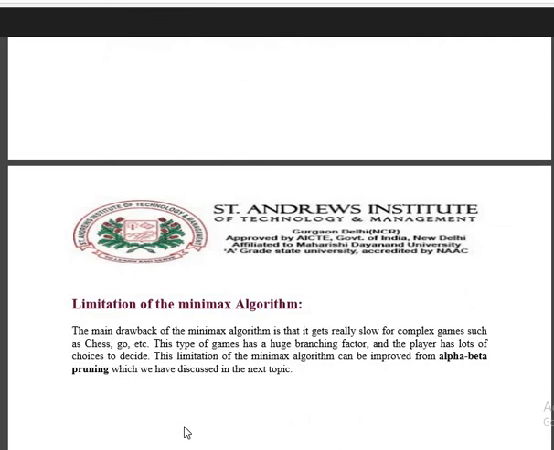So we come across the limitations of the minimax algorithm. The main drawback is that it becomes slow when we talk about a complex game such as chess, because there are unlimited permutations and combinations that can be made with every move.